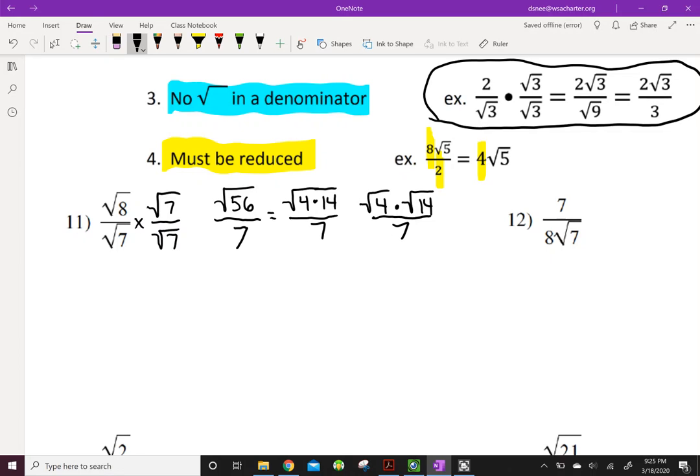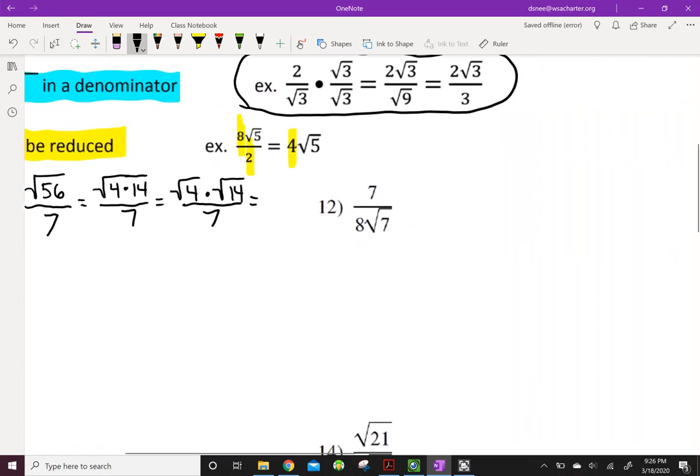The square root of 4 is 2, so we have 2 times the square root of 14. I'll come back over here. 2 times the square root of 14 divided by 7. 2/7 is reduced to lowest terms, and 14 cannot be factored out anymore.